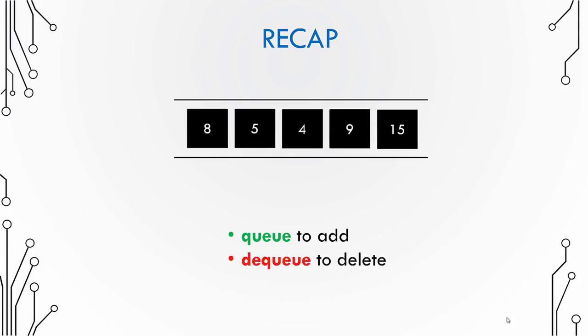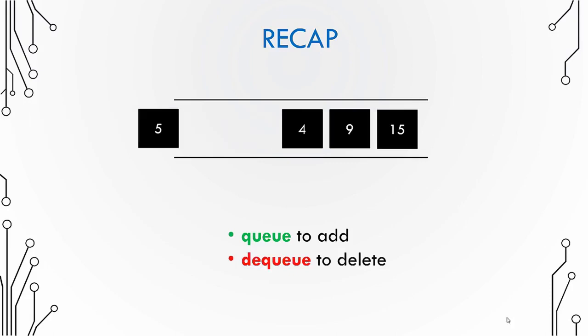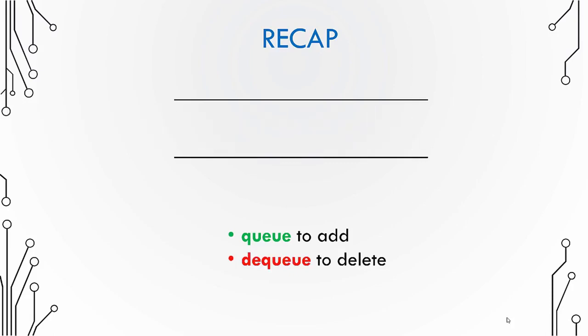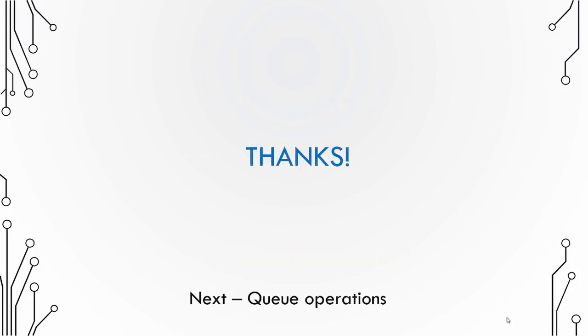The process of deleting an element is called dequeuing, and elements are deleted from the front of the queue. And a queue is a first in, first out structure. That means the first element to go in is the first element to go out of the queue. So that was a quick overview of what a queue is and what its operations are. Next, we will learn in detail some implementation scenarios for these two operations of the queue.